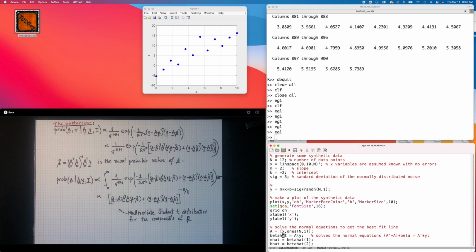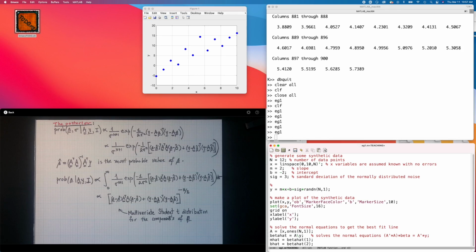The first one will be the slope and the second one will be the intercept. The way we know is because the first column will multiply the first coefficient. And since we put the x's in the first column, that means the first parameter, beta 1, is the slope. And beta 2 multiplies the column of ones, and it's the intercept.